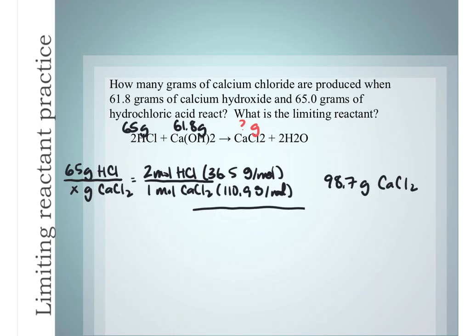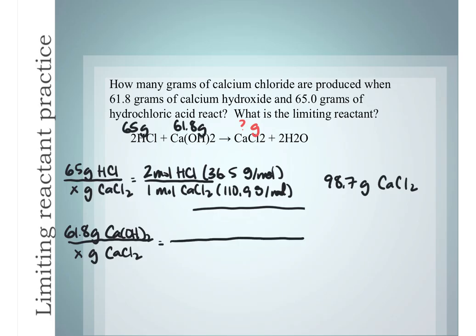Now repeat that for the other reactant, which is the 61.8 grams of calcium hydroxide, and convert that to grams of CaCl2. Once again, the mole ratios, and please don't forget to put down your units as well as the substance, so you know that you're switching between them. Then 1 mole of the CaCl2.